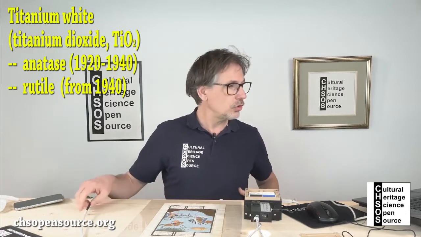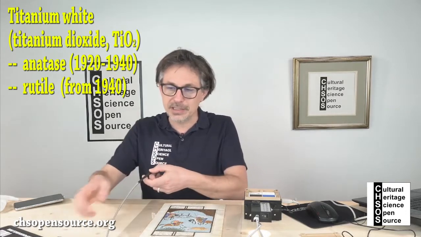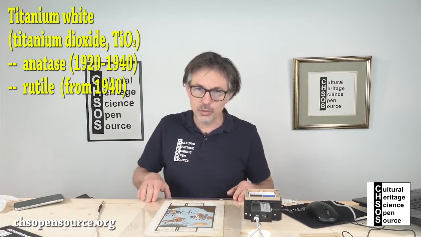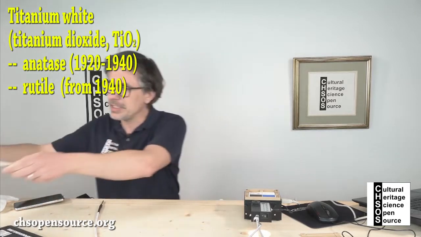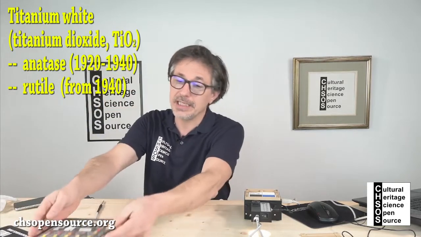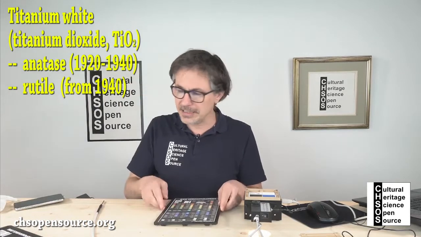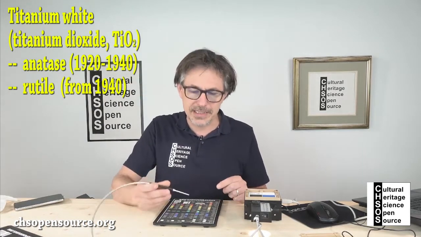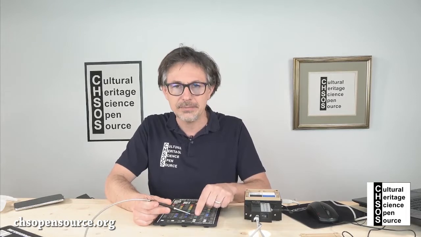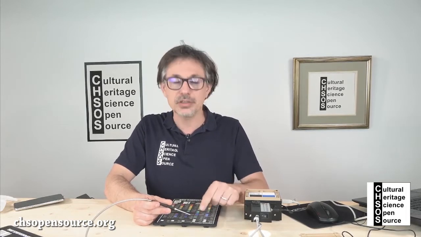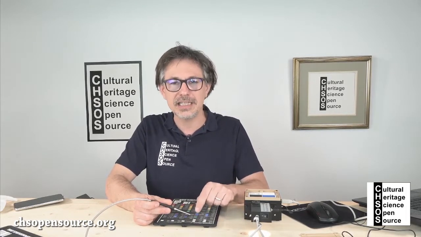Okay, so we want to compare these two spectra. So we remove the manuscript, since we already checked the spectra, and we are going to acquire the spectrum of rutile, that is on the pigment checker standard, the titanium white.